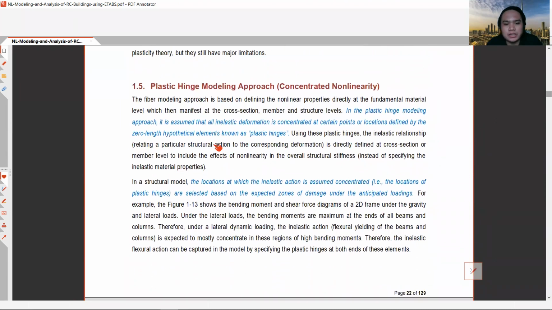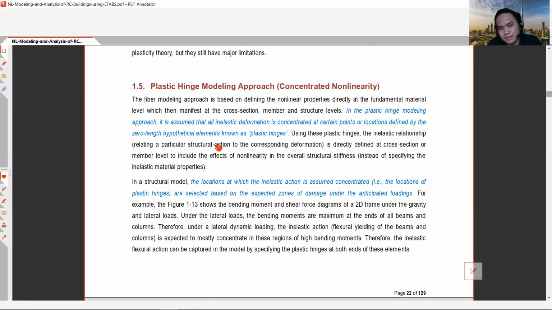So the fiber modeling approach is based on defining the nonlinear properties directly at the fundamental material level, which then manifests at the cross-section, member and structural levels. Okay, so in the plastic hinge modeling approach, it is assumed that all inelastic deformation is concentrated at certain points or locations defined by the zero length hypothetical elements known as the plastic hinge.